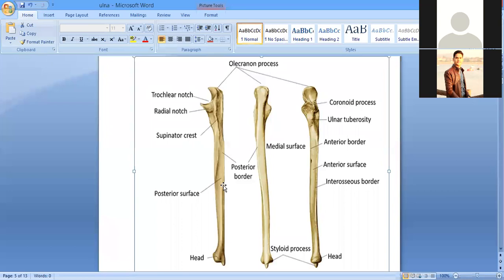Now, the anterior border is thick and rounded.